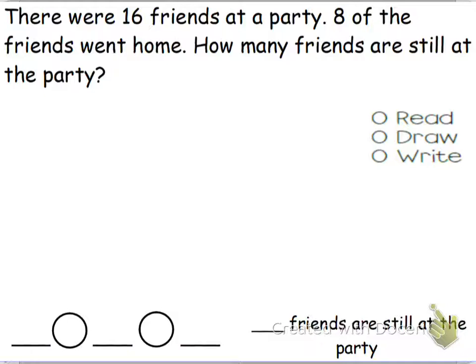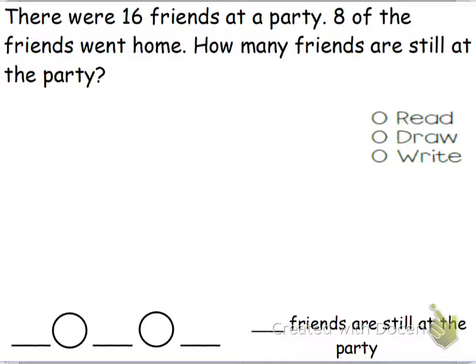Then do your number sentence and your statement. Don't forget to choose the best strategy that works for you, whether it be a picture or the vertical number sentence. Either of those ways is perfectly fine. You only have to choose one, whichever one you think would be best for you. So you can pause it now.